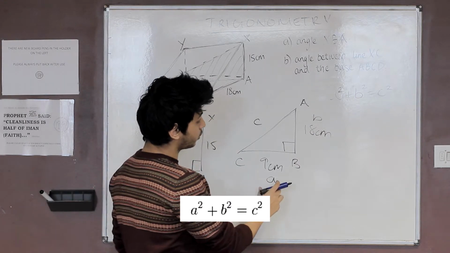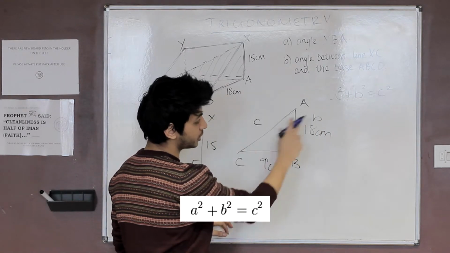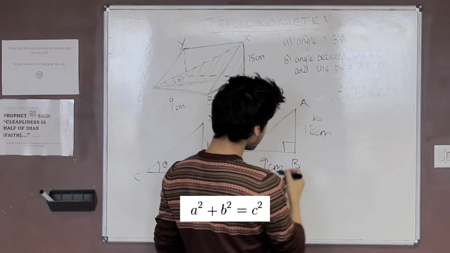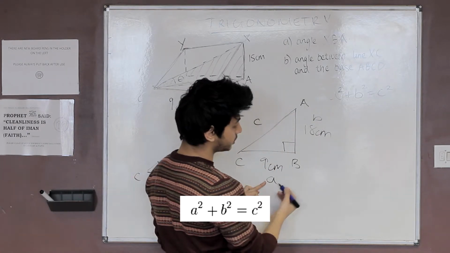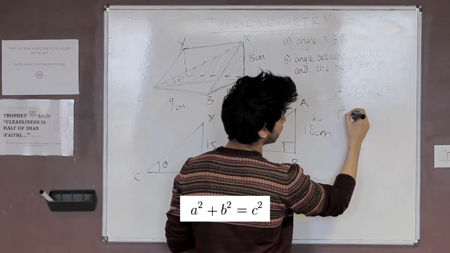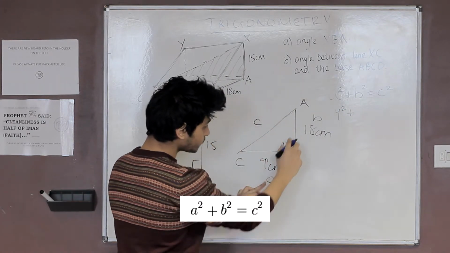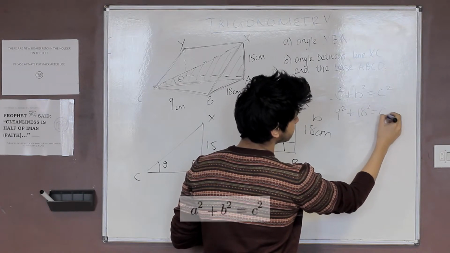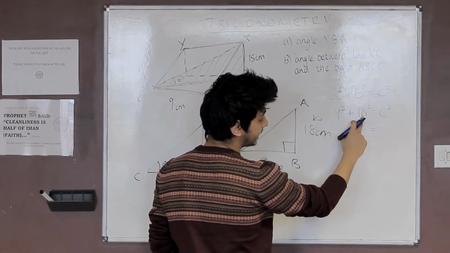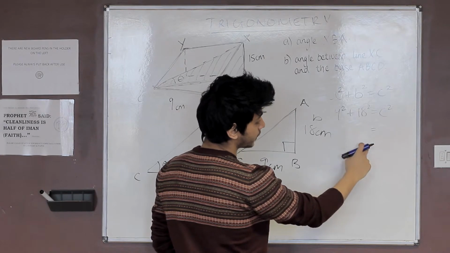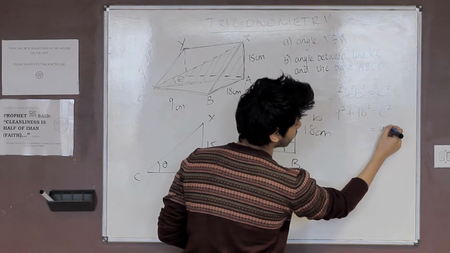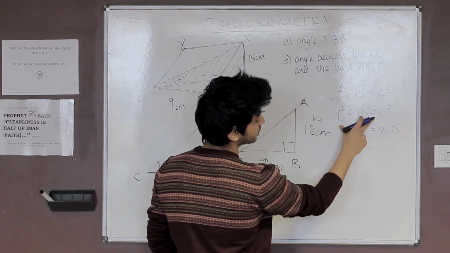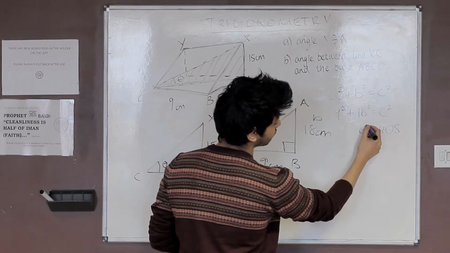Plugging our values in, a is 9 centimeters, so we have 9 squared plus 18 squared equals c squared. If you plug that into a calculator, that gives you 405. So c squared must equal 405.